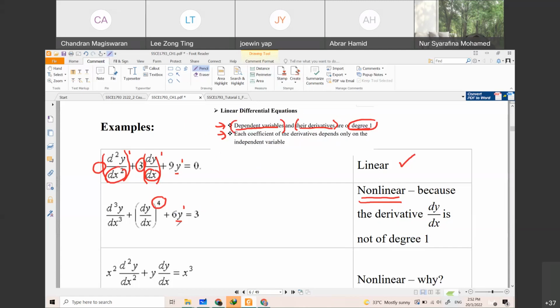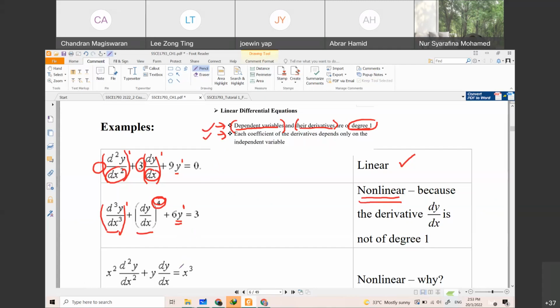As you can see, this is the dependent variable, y, degree 1. This is its derivative, degree 1. But this one is also a derivative, to the power of 4, degree 4. So it is not linear. You need to fulfill both conditions in order to make sure that it is linear.